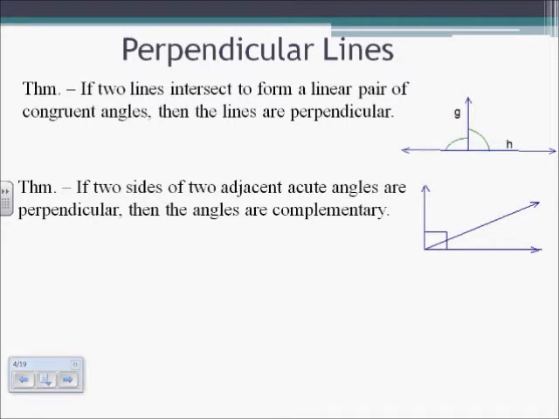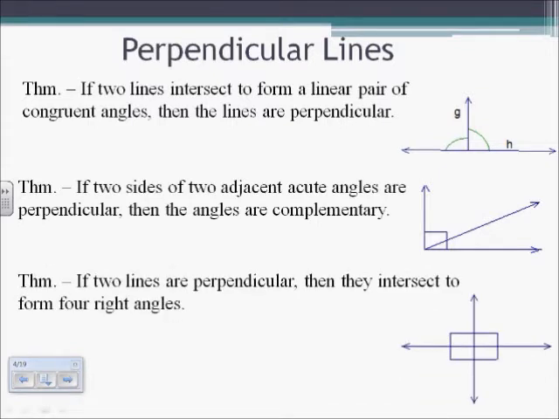Theorem: if two sides of two adjacent acute angles are perpendicular, then the angles are complementary. So if two sides of two adjacent acute angles are perpendicular, then the two angles are complementary, and we will prove this theorem later as well. Lastly, one that we probably already know: if two lines are perpendicular, then they intersect to form four right angles.